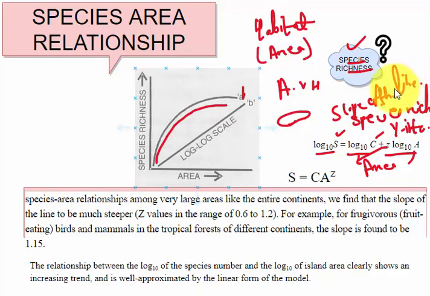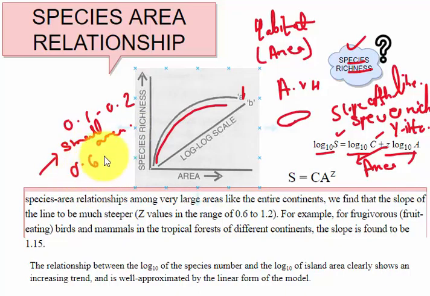The Z, that is the slope of the line, generally varies from 0.1 to 0.2 in case of smaller areas, and in case of large areas or large ranges, it ranges from 0.6 to 1.2.